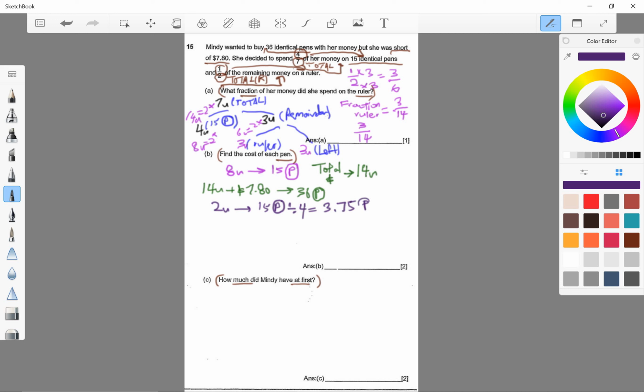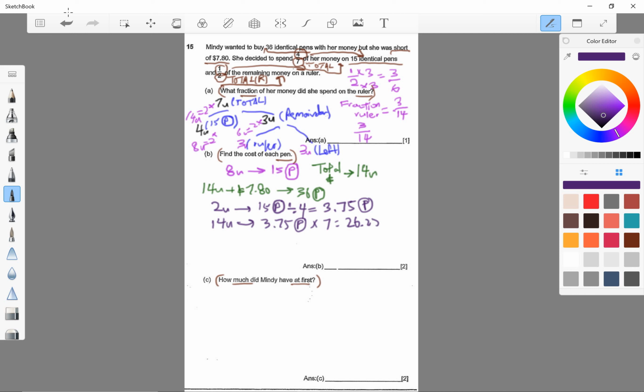And if you are dealing with 14 units, I just need to take 3.75 multiplied by 7, so 2 times 7 is 14. 3.75 times 7 will give us 26.25.